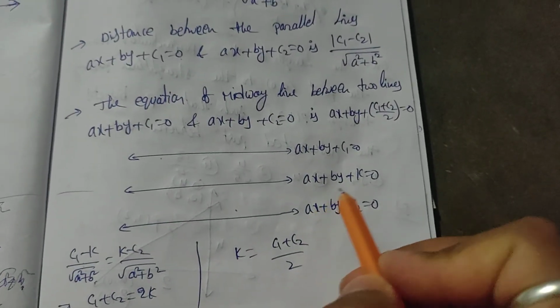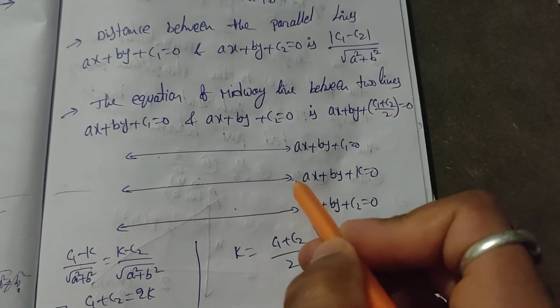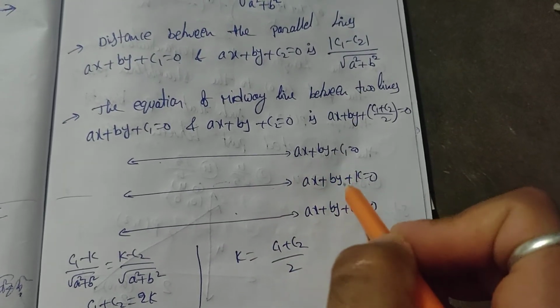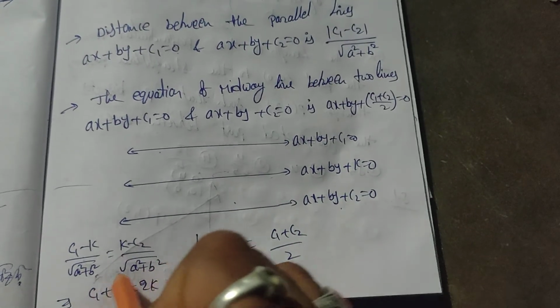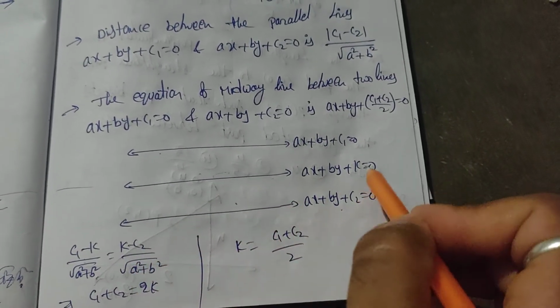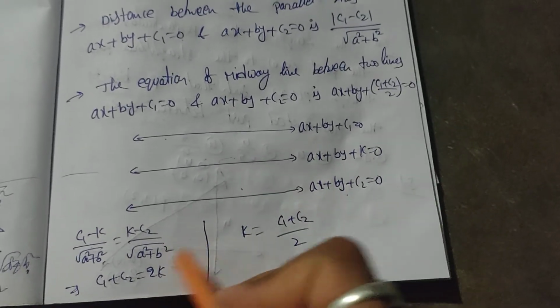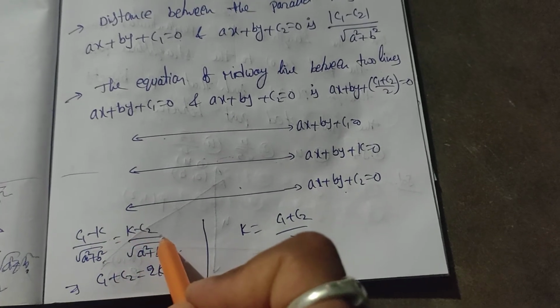To find k: since it is the midway line, the distance between the first line and the midway line equals the distance between the midway line and the second line. So modulus of c1 minus k by root over a square plus b square is equal to k minus c2 by root over a square plus b square. Root over a square plus b square cancels, so c1 minus k is equal to k minus c2.